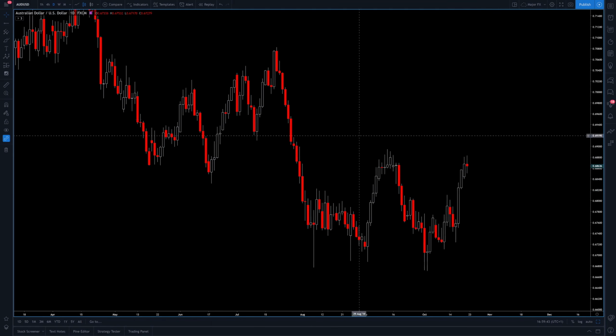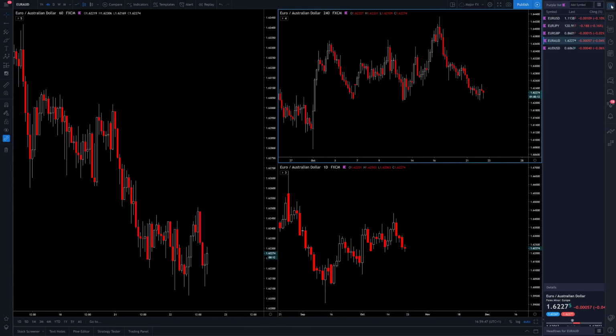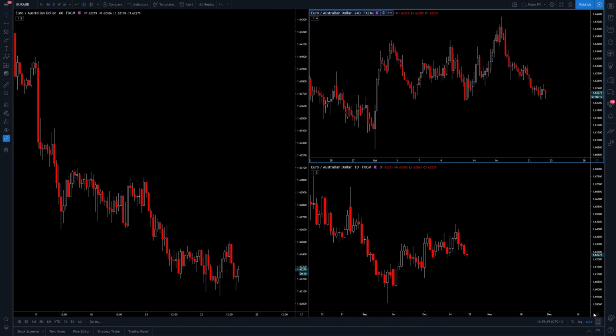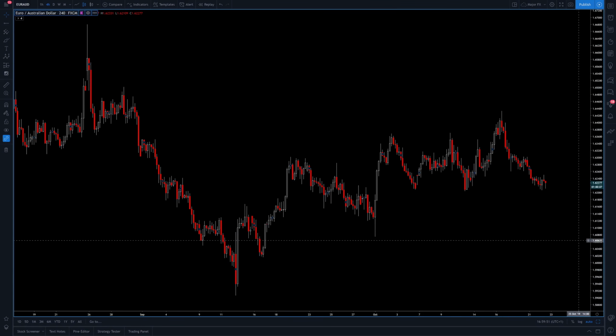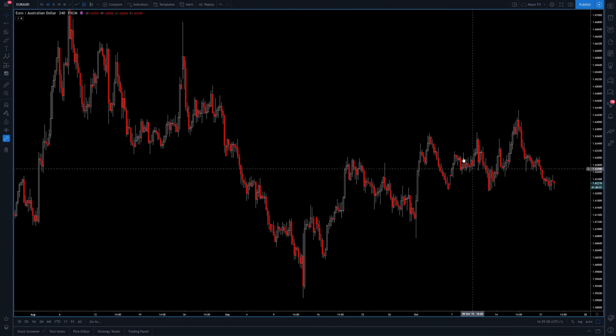So if we go to the 4-hour chart, we've been on the daily for quite a while. If we bring up the 4-hour chart and we go to August, let's have a look.